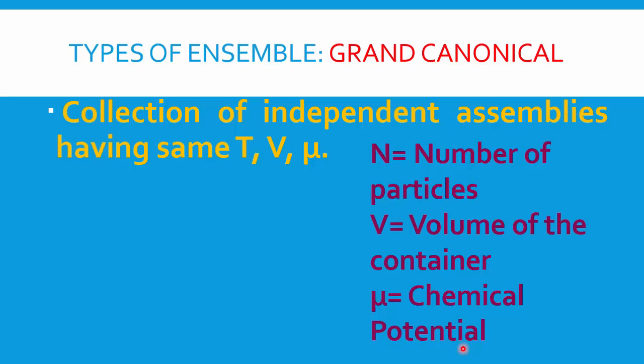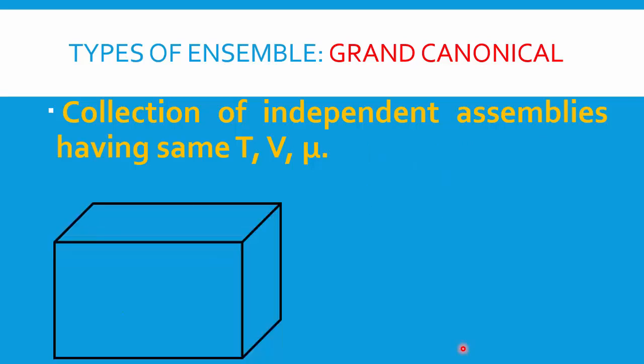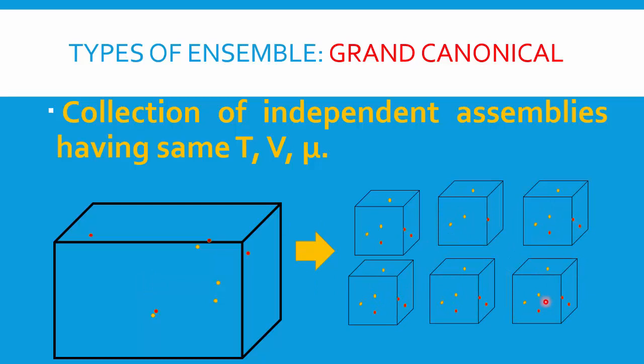Chemical potential gives free energy per unit mole. So I take you to the same motion of the particles. If this motion of the particles is transformed into snapshots, then each snapshot will have the same information about T, V, mu.